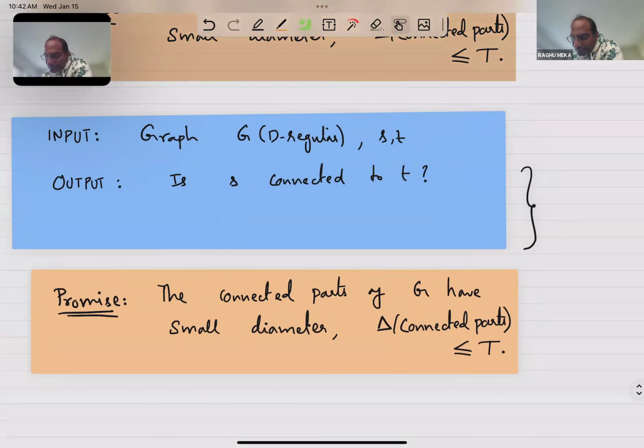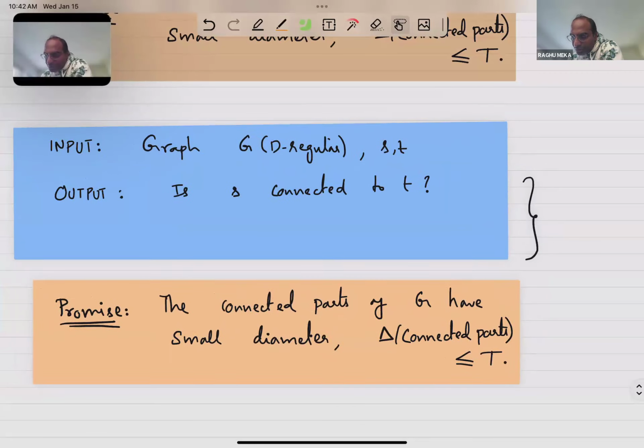And the second case that we know how to solve is going to be the following.